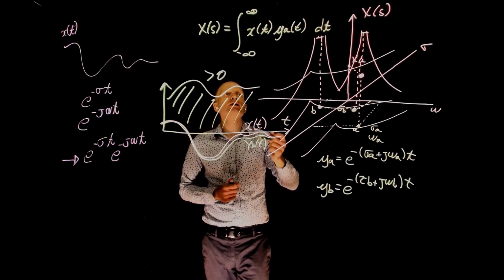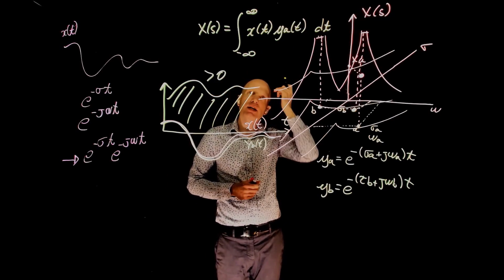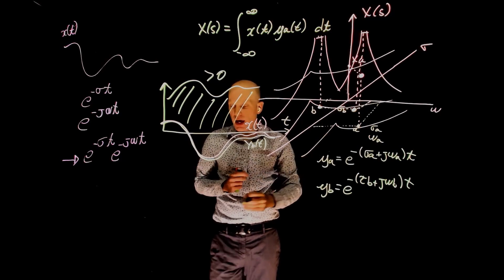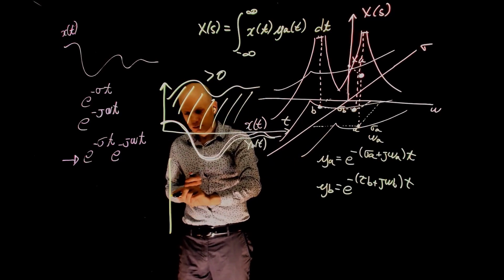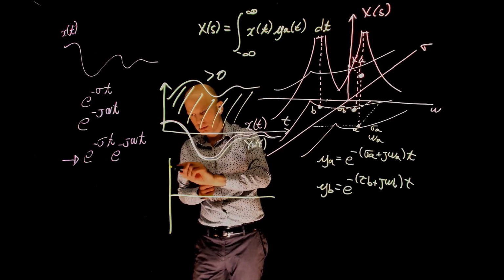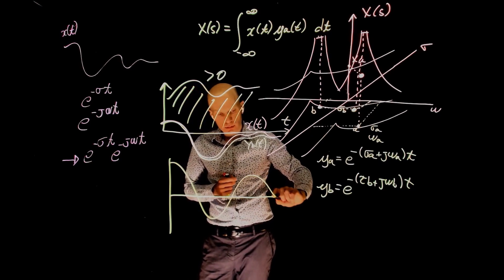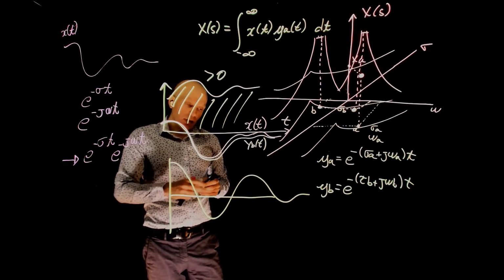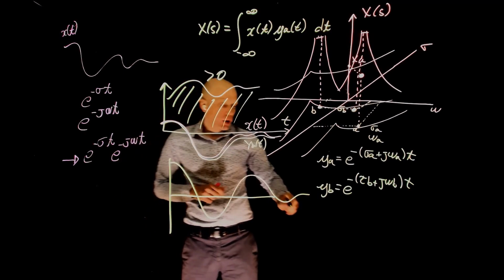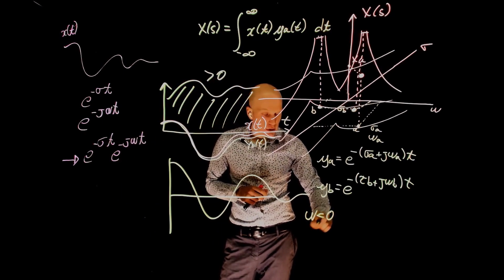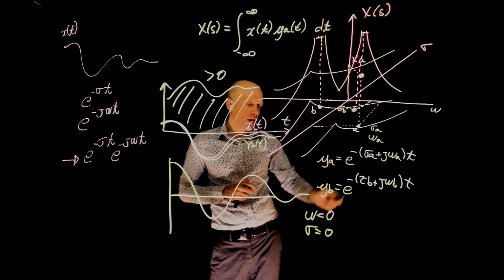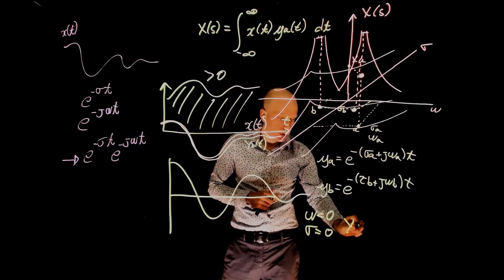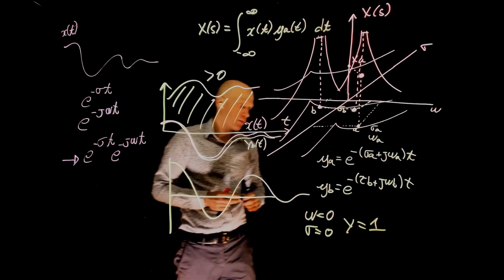Let's think about, for instance, when x of t is a sinusoidal or an exponentially decay waveform, such as that one. And now when we assign omega equals to 0 and sigma equals to 0, y of t is simply 1.